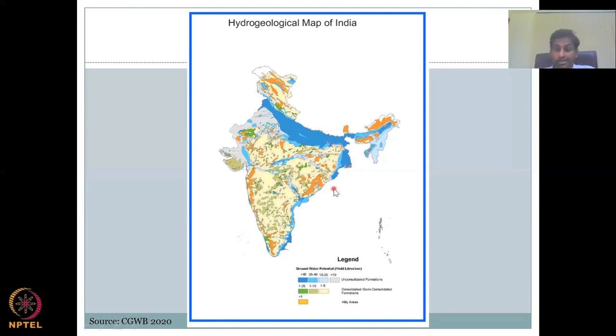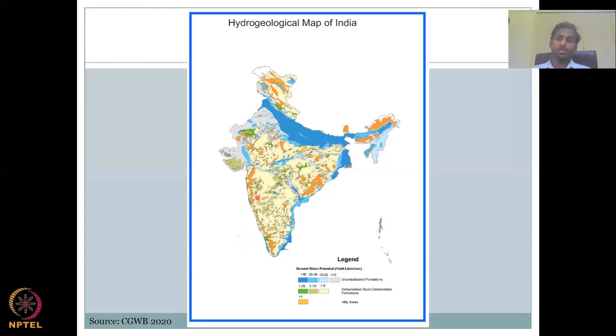Then we have the consolidated or semi-consolidated areas, which is most of central India, where you have deep aquifers. Most of it is deep aquifers because the formations do not happen every day. Here, every day you have sedimentation, so you have an aquifer which is being built up, whereas here it's not that frequent. So these are the unconsolidated aquifers on the rivers.